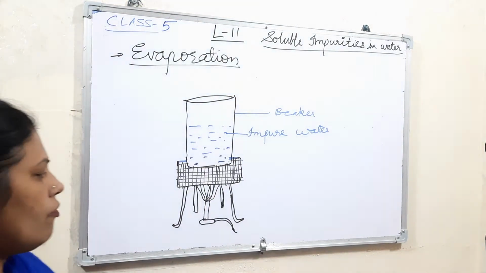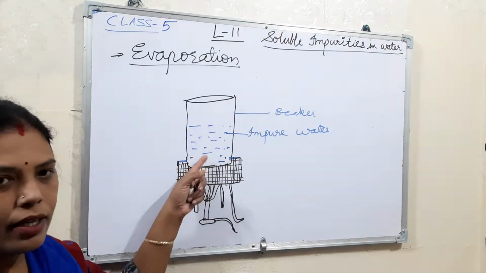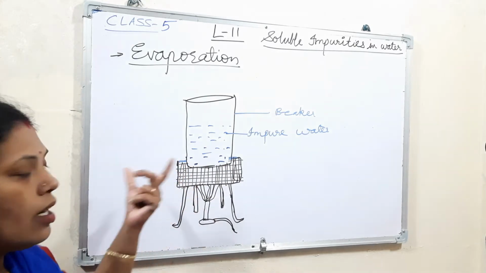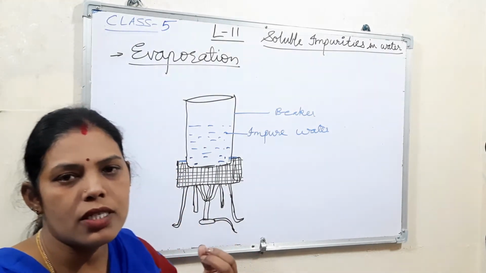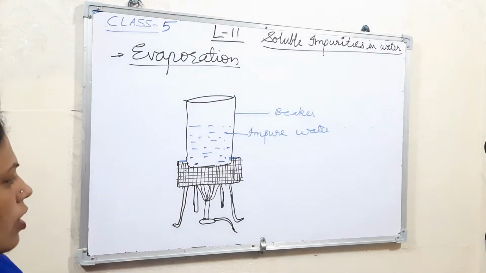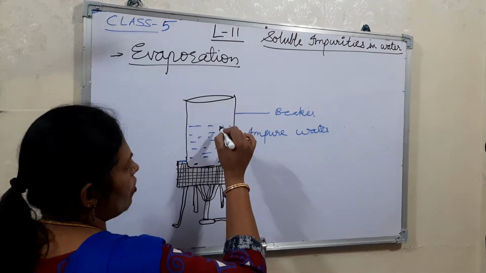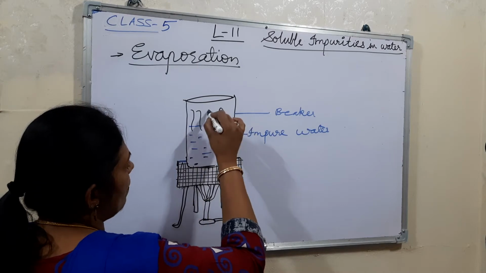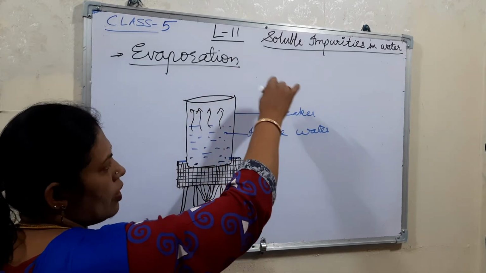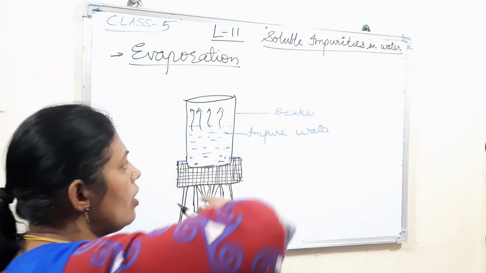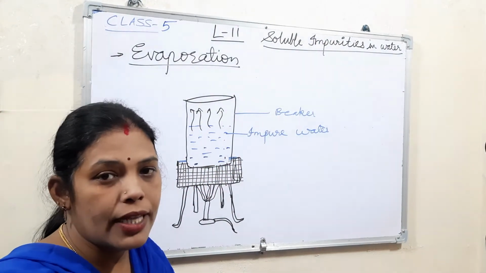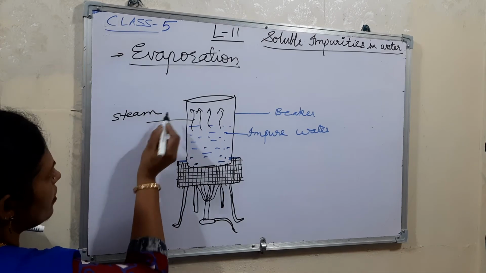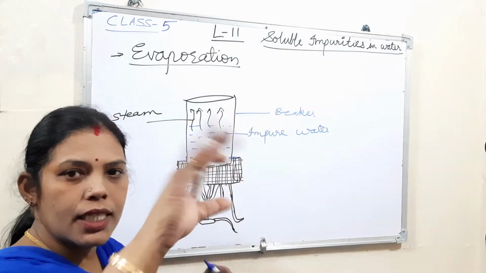And when we heat this water, at 100 degrees Celsius it starts to boil, right? That time the water comes out in the form of steam, right? It goes up, and all that water comes out in the form of steam, that is water vapor, and mixes in the air.